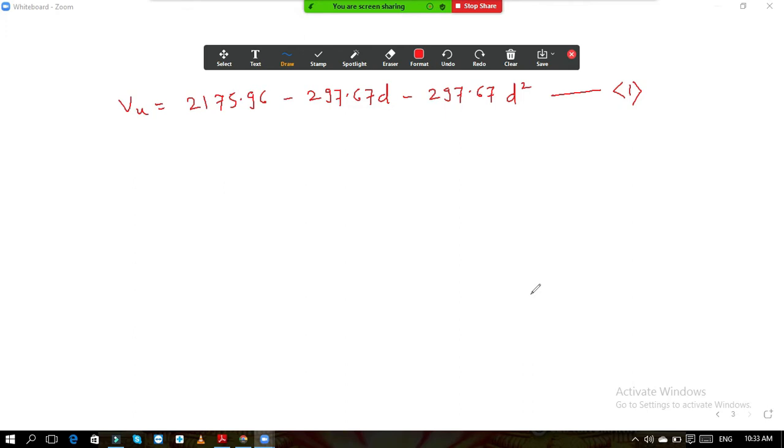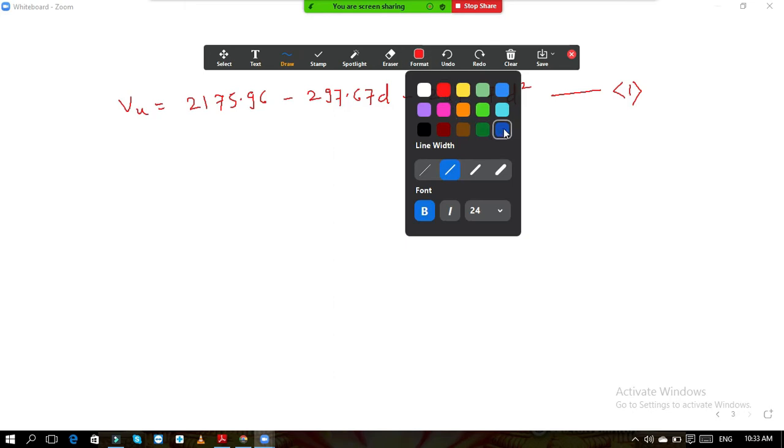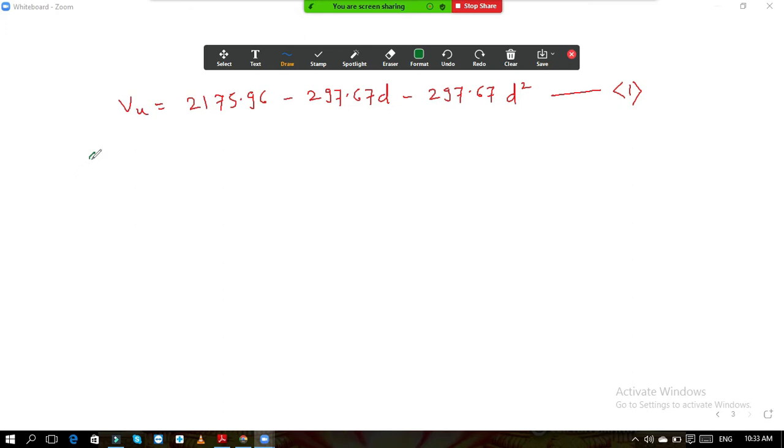Are you getting my point? So the next thing is we will calculate the shear resisted by concrete. So this is the total shear, out of which the shear resisted by concrete. How do we calculate the shear resisted by concrete?